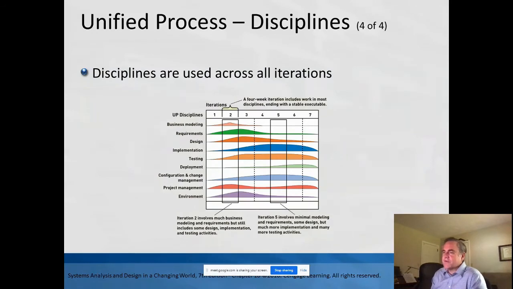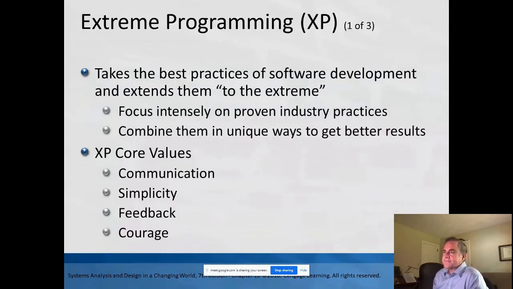So as you go through your iterations, you're moving from requirements gathering, designing, and then the implementation, as you see here, is heavy in iterations 4, 5, and 6. But you're iteratively building more and more as you go through, with less of a focus on your analysis and design and more of a focus on the actual build as you move through these various iterations.